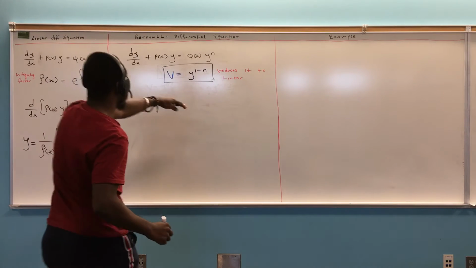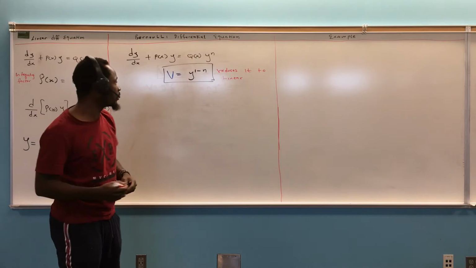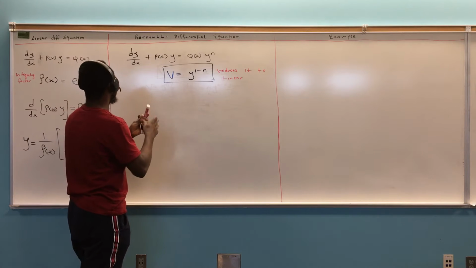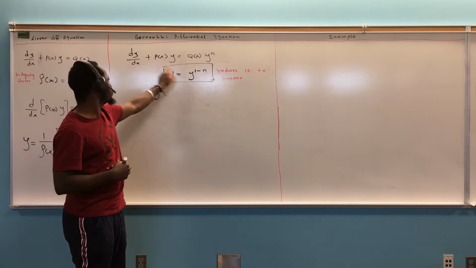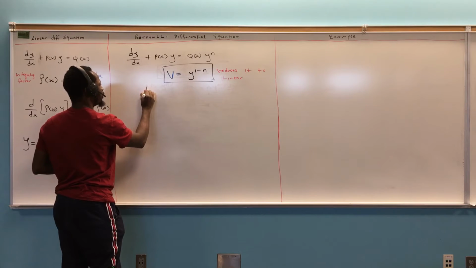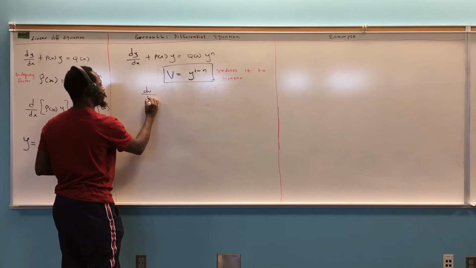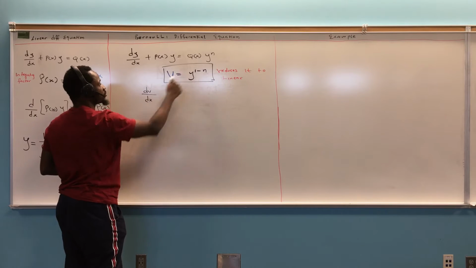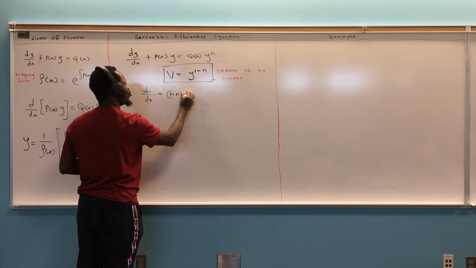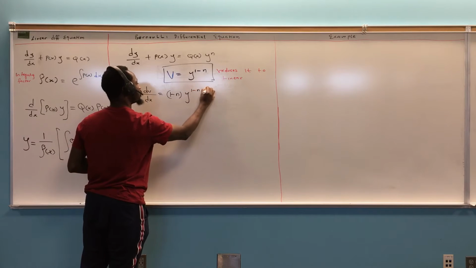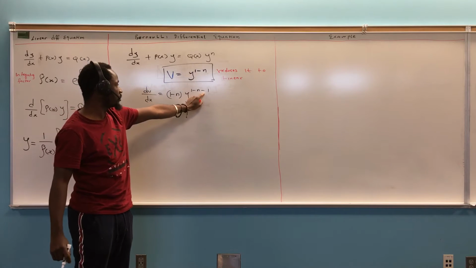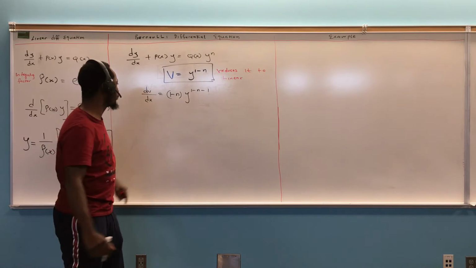So let's just substitute this in here and see how it works out. First of all, we want to find dy/dx in terms of v. So we will differentiate this substitution. Here we have 1 minus n, y to the 1 minus n minus 1, because the exponent comes down, you reduce it by 1, right?